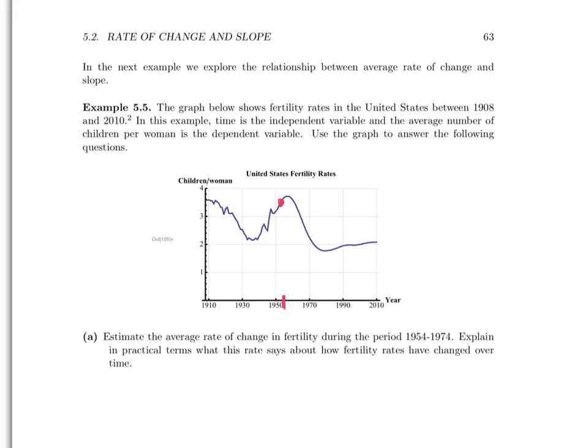And then from that point, I can go over and get an estimate for the fertility in the year 1954. If I eyeball it from my graph, it appears that the fertility might be 3.5 or 3.6. Maybe, let's just say it's 3.6.